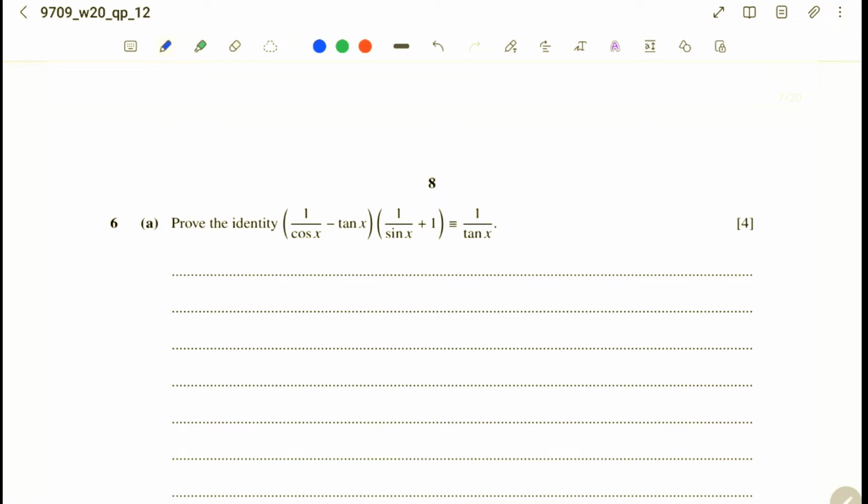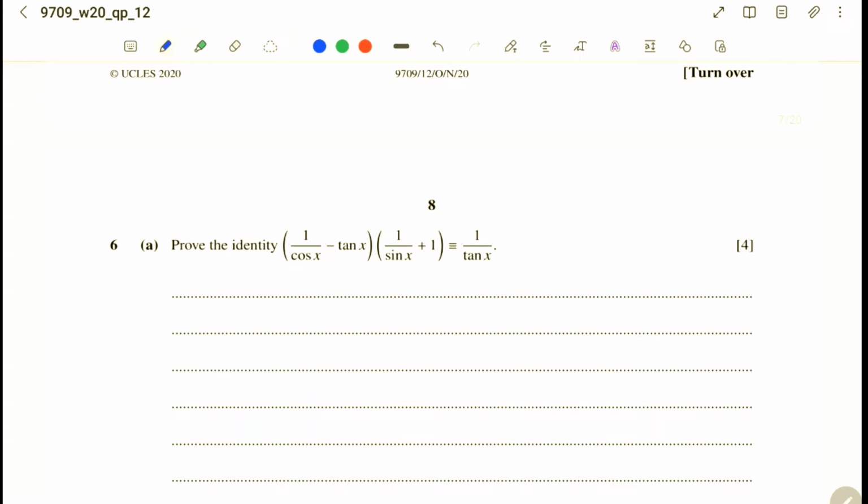Next, question number 6. Prove the identity (1 over cos x minus tan x) multiplied by (1 over sin x plus 1) equals 1 over tan x. Let's take the left hand side expression. 1 over cos x, tan x can be written as sin x over cos x, multiplied by 1 plus... let's take the common denominator, (1 plus sin x) divided by sin x.